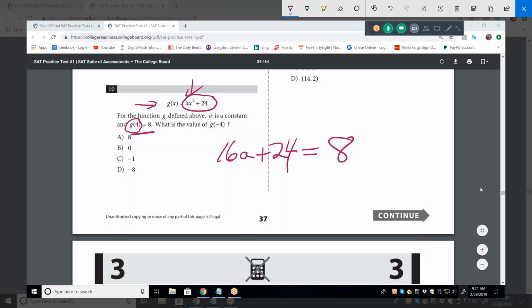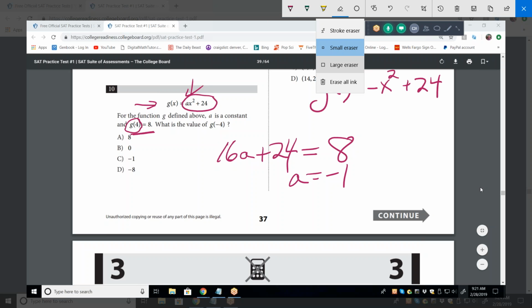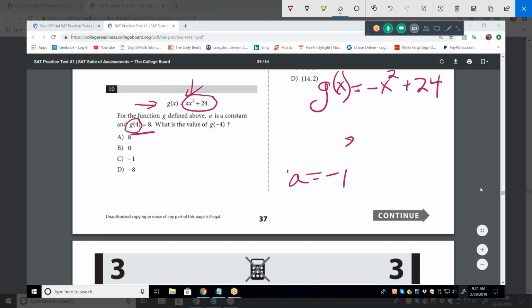-1. Okay, so -1. So what our function really is, G of x equals -1 times x squared plus 24. Now, they want to know what G of -4 is.